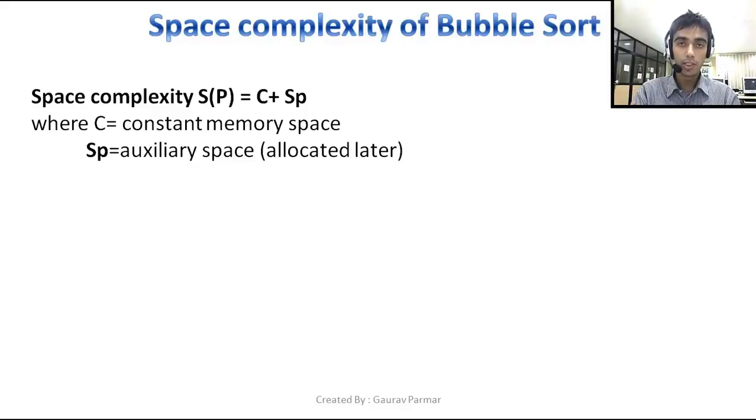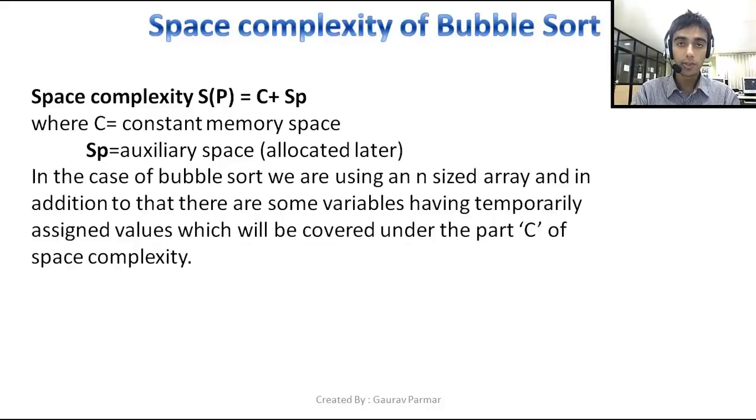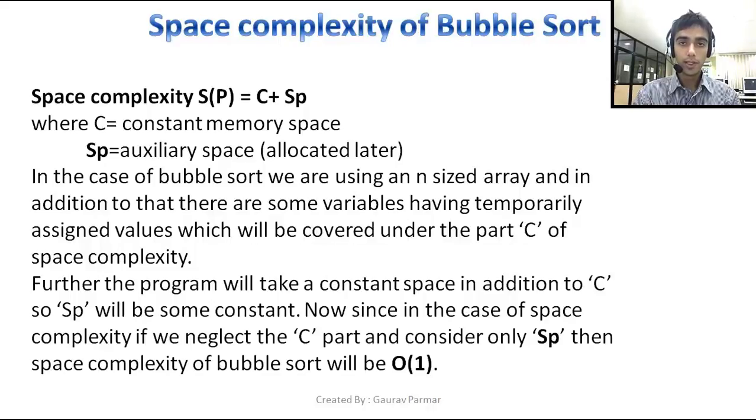Now in bubble sort, the memory space allocated to the array elements and to all the temporary variables which we had used previously is considered to be the constant memory space, and that will be C in this case. Further, the program will take a constant space in addition to C irrespective of the array size. Now let's call it S_P over here.